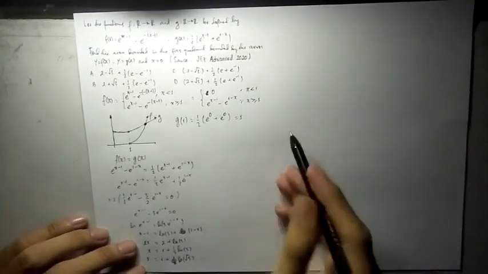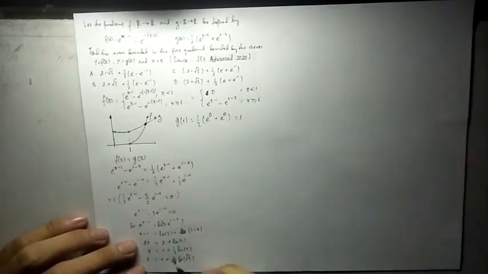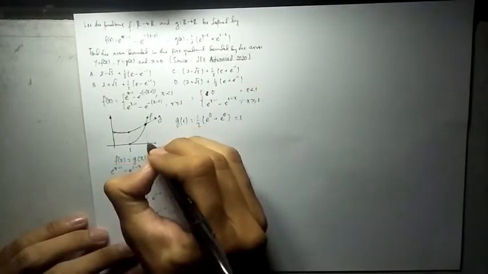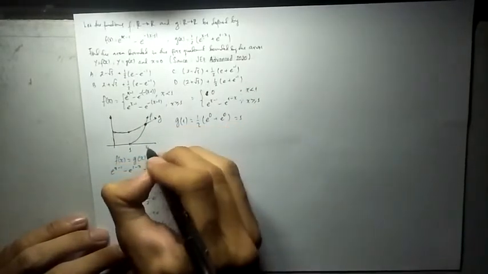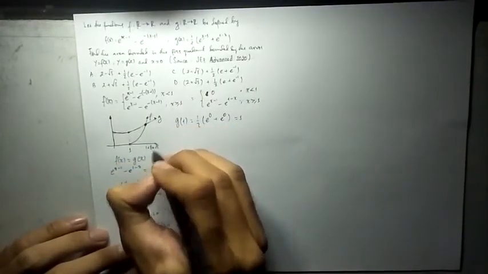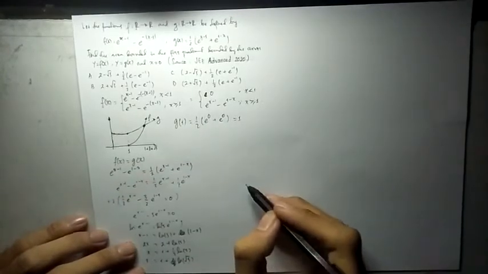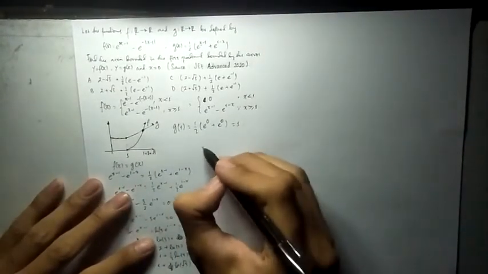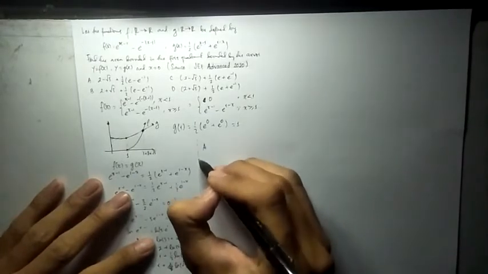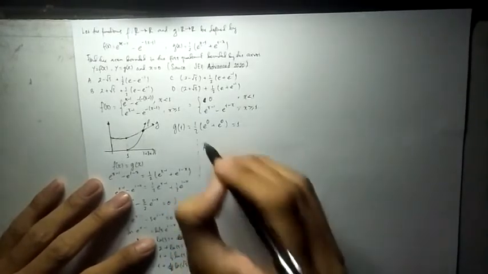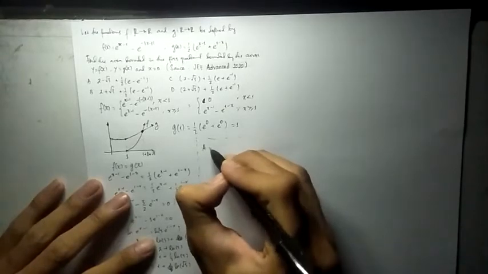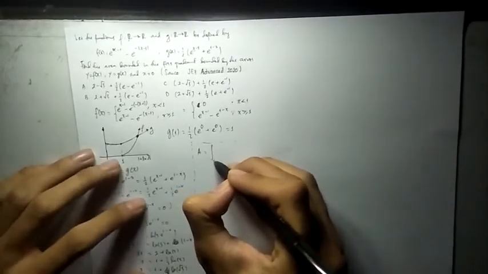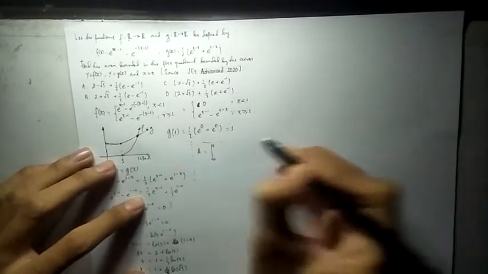So now, right, this is the intersection. The point of intersection right here is actually 1 plus natural log of root of 3. So now, let's integrate the area. So the area is equal to, let's integrate from 0 to 1.